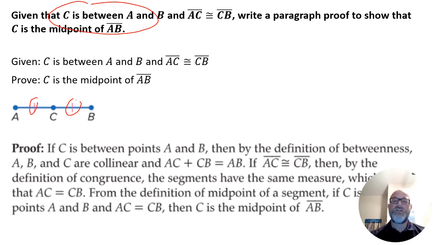From the definition of midpoint of a segment, if C is the midpoint of AB, then AC equals CB, and C is the midpoint of line segment AB. Sorry, if C is between points A and B, and AC equals CB, then C is the midpoint of AB. That seems more reasonable.